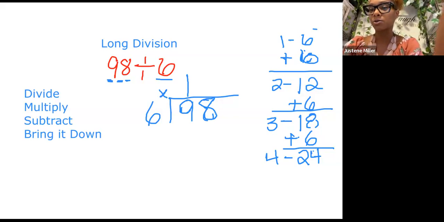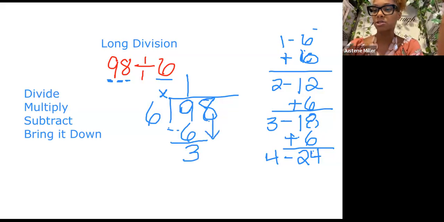So I am going to subtract 6 from 9. And 9 minus 6 gives me 3. And then the last step, bring it down. In this case, I want to draw an arrow to show I'm bringing down my 8. Oh, that's an ugly 8. I'm very big on handwriting, if you can tell.